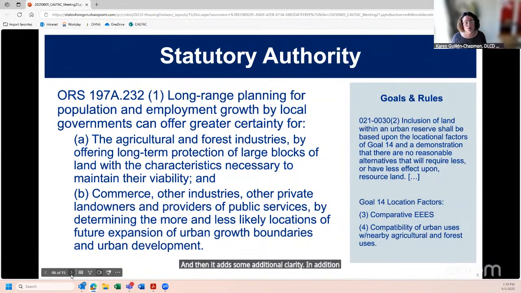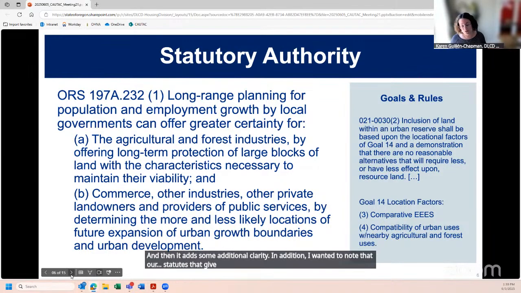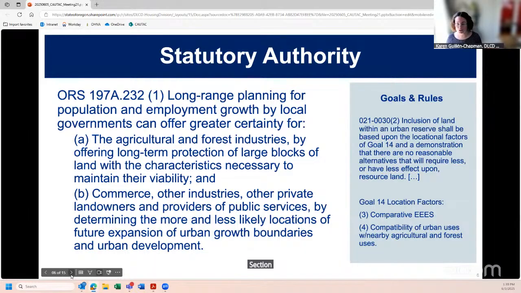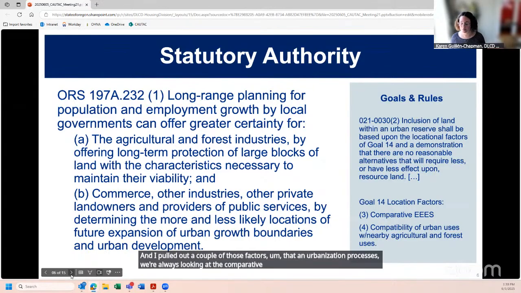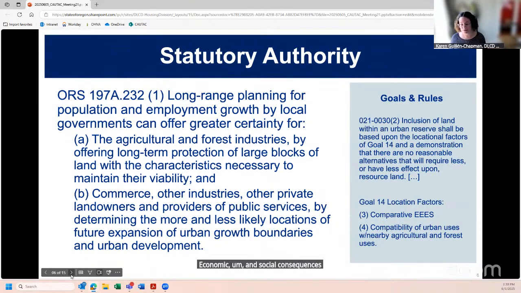In addition, I wanted to note that the statutes that give us the authority to work on these rules are also guided by our statewide land use planning goals. And you'll see that precedence in rule as well. So division 21, section 30, subsection 2, you'll see that it refers to the goal 14 factors. And I pulled out a couple of those factors that in urbanization processes, we're always looking at the comparative analysis of that environmental, economic, and social consequences, or the ESEE factors in there.